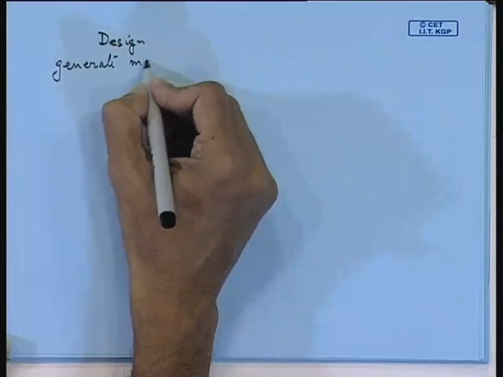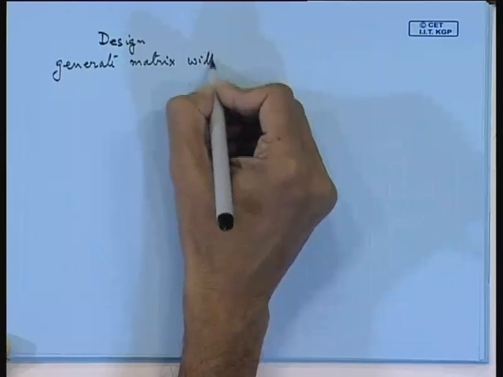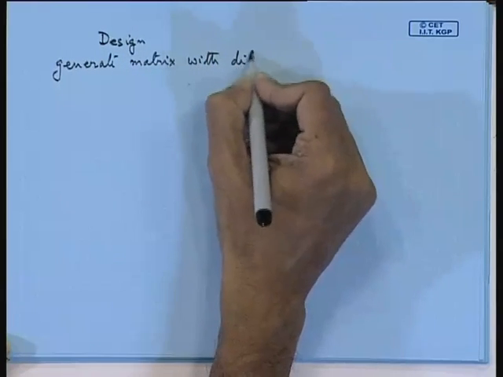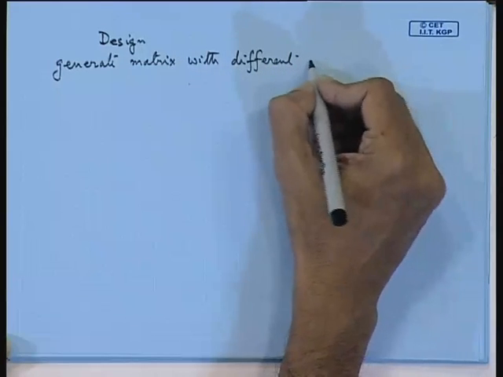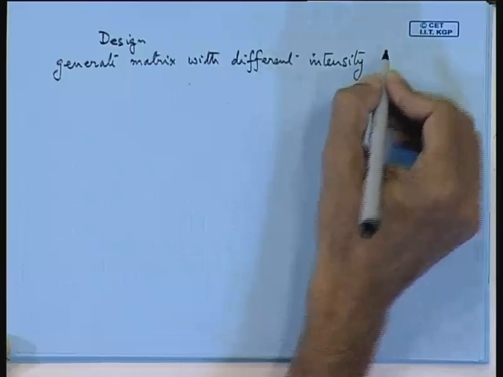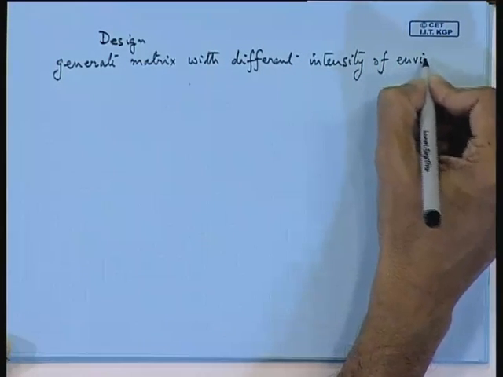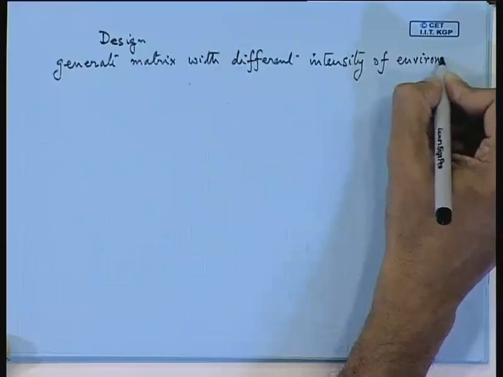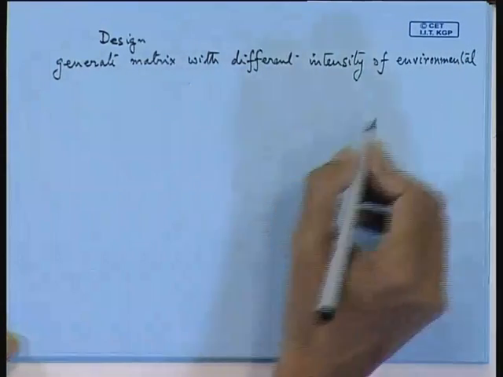a matrix with different intensity of environmental forces. So that is why you require the help of software.